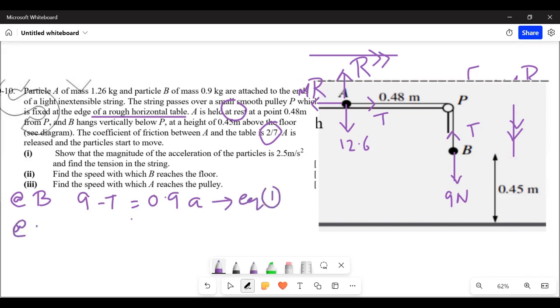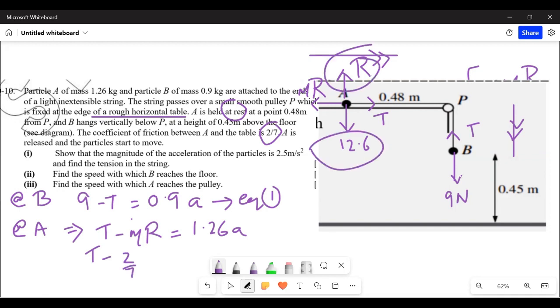And at A, it's going to be forward force, which is T, minus backward force, which is mu R, equals M, which is 1.26 A. T minus mu, which is 2/7, R is equal to 12.6.